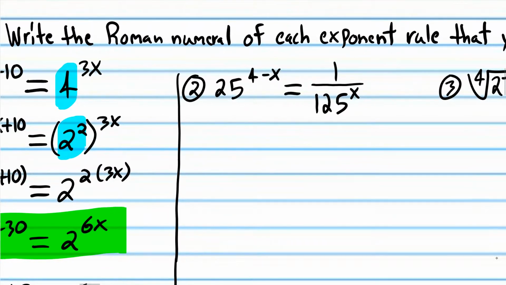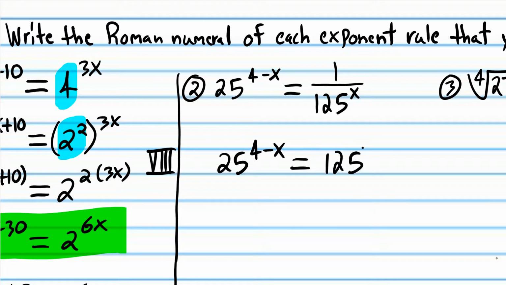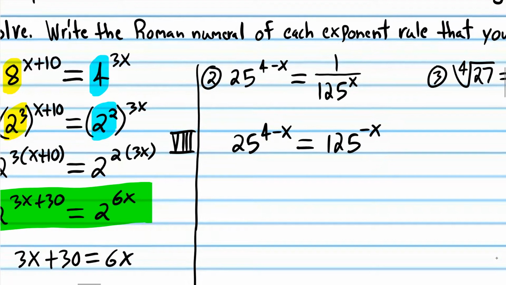So first thing I'm going to do now is use rule number 8, which allows me to take that fraction and turn it into a power with a negative exponent. And I can't change base 25 to base 125, and I can't change base 125 to base 25. So I'm going to change both bases to base 5.